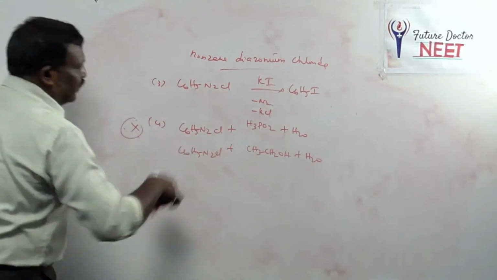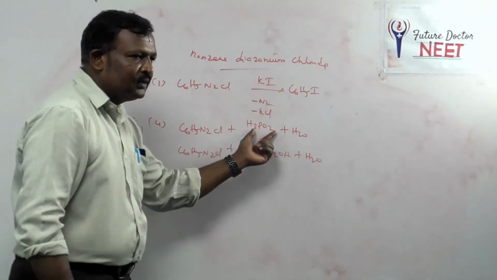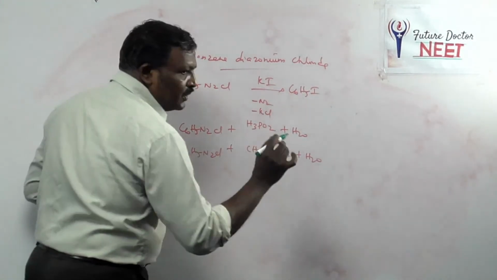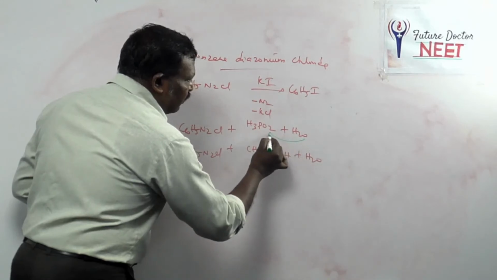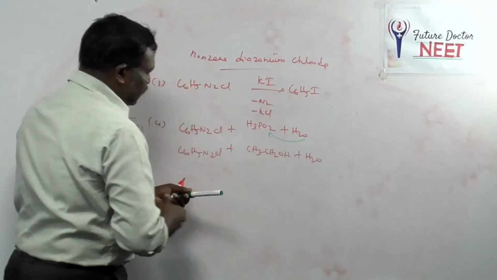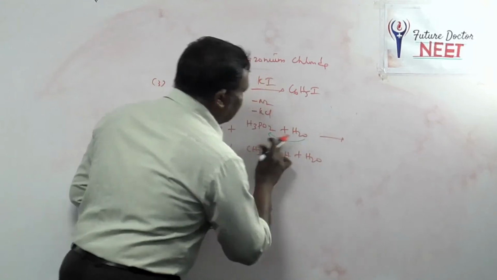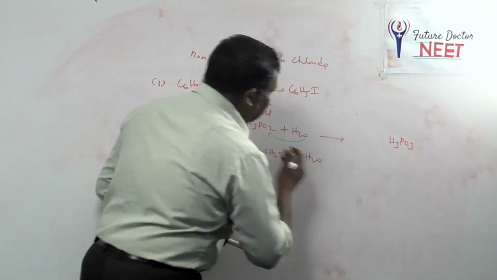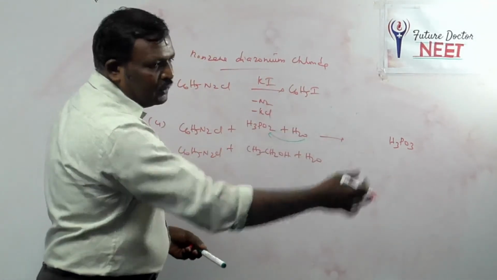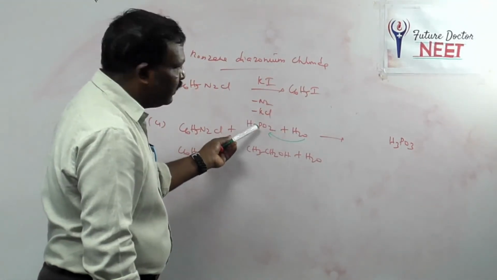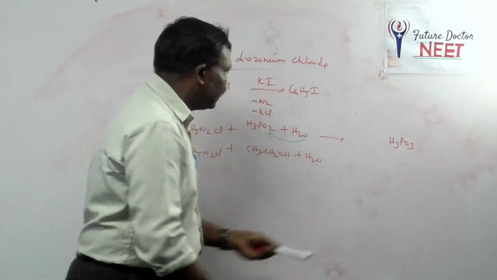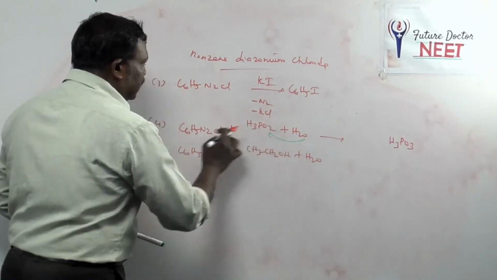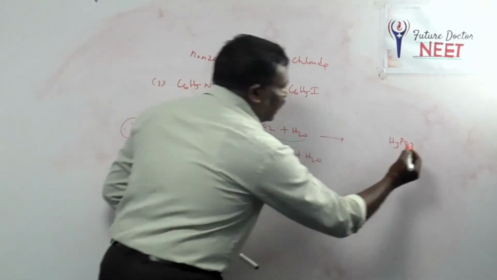This is a reducing agent. Remember like this: one oxygen goes here. H3PO2, hypophosphorus acid, becomes H3PO3, phosphorus acid. Then one H is there, so one H plus Cl gives HCl.